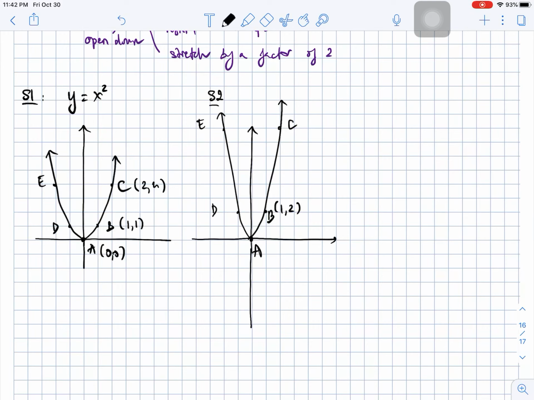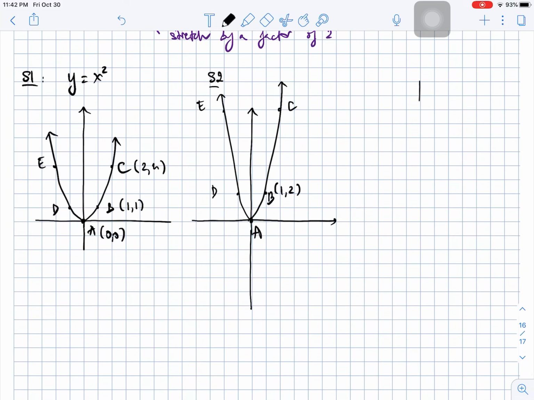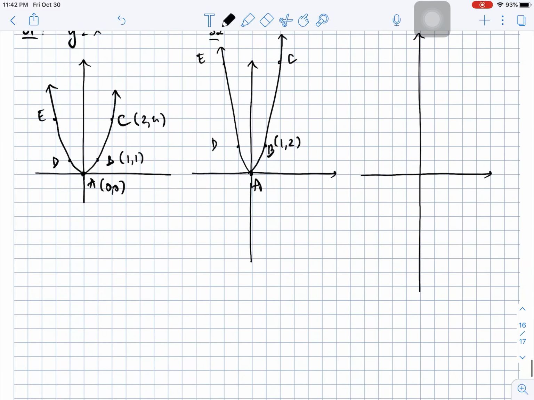And the point C is 2, 4, double the white part, so it will be 2, 8. And similarly for the point E and the point D. Okay, now we're going to do the upside down, right?